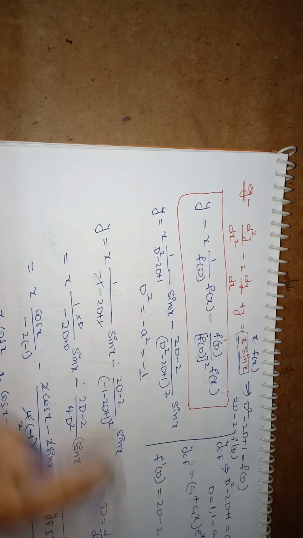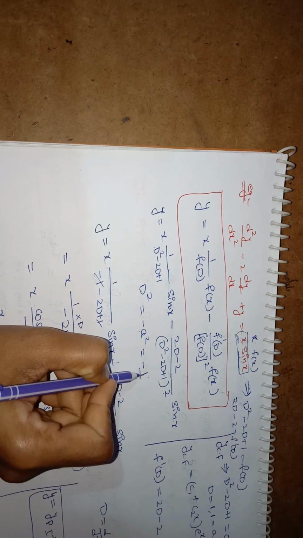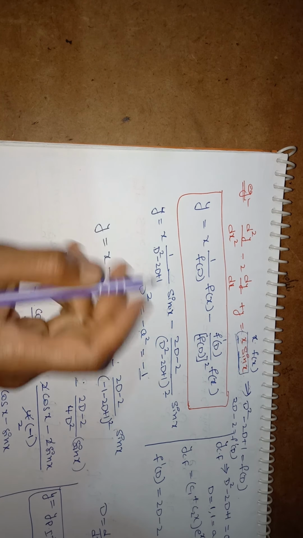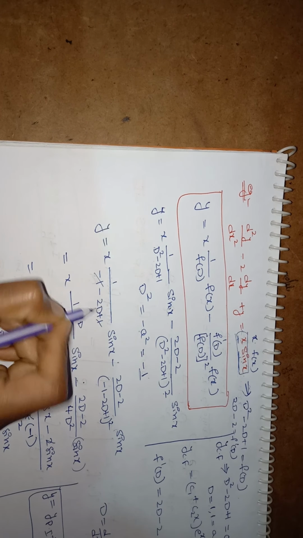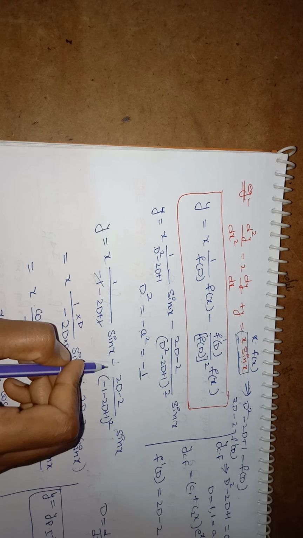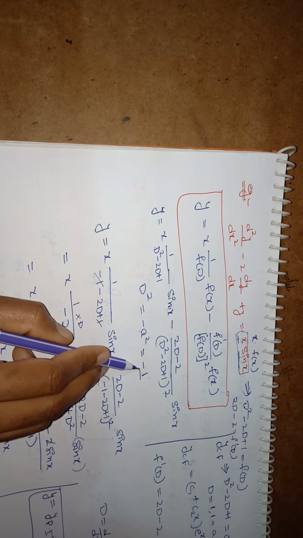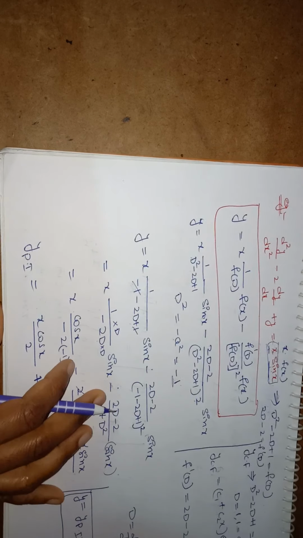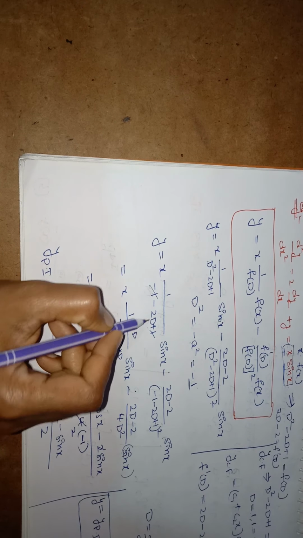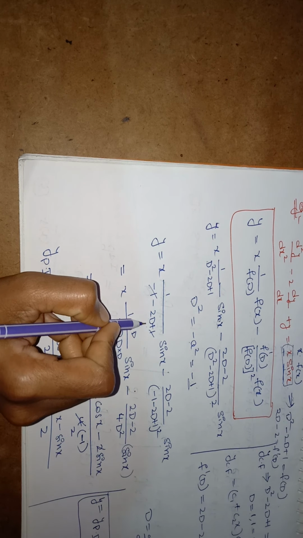Now y equals x into, substituting D square with minus 1, minus 1 whole square, D square is minus 1, minus 2D plus 1 into sin x, minus 2D minus 2 by D square substituted with minus 1, minus 2D plus 1 into sin x. Now here we have 2D in the denominator.